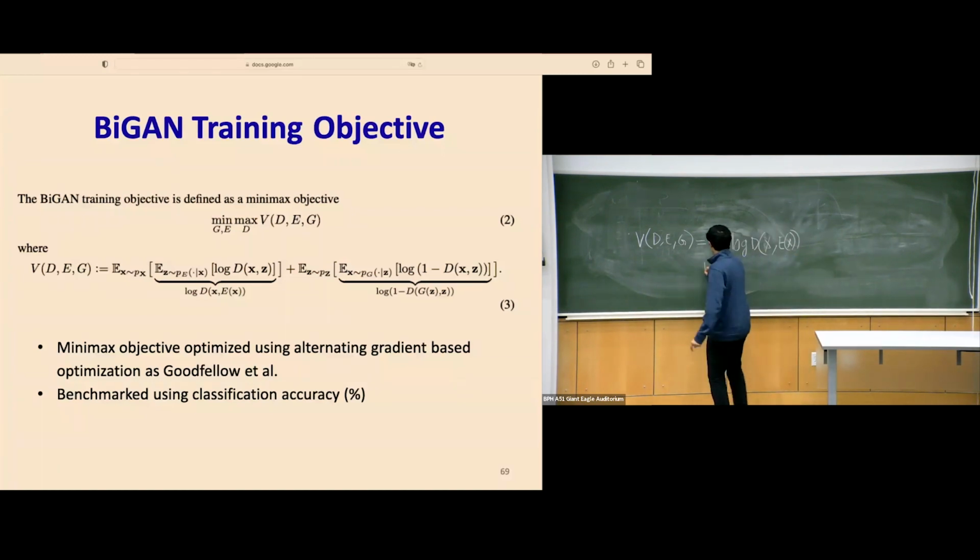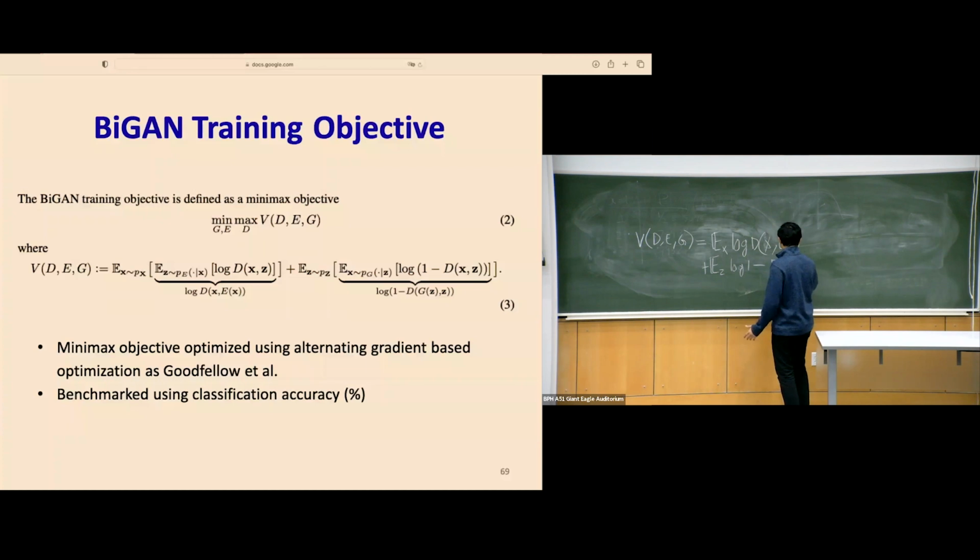This plus the Z value, again expectation, yep, log 1 minus D of x, and this goes to the generator. And there should be another bracket. Yeah, hopefully this is a much simpler representation than what we have right here.